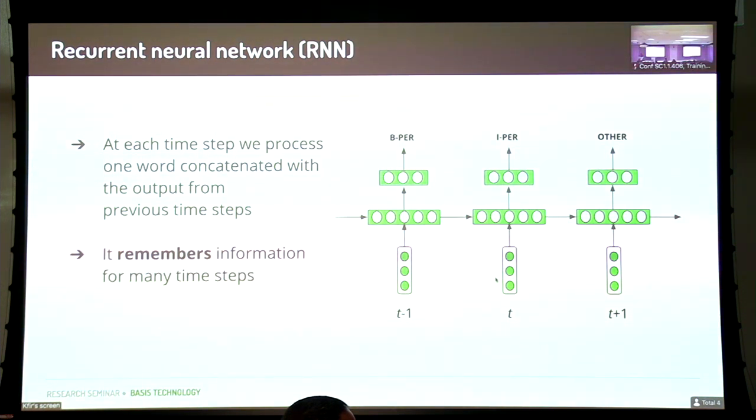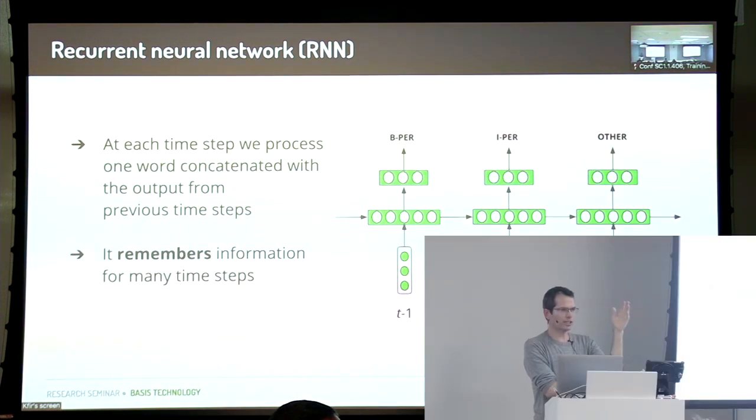Then every word in its turn benefits from all that information for doing the prediction. But it also modifies this vector. This word now modifies this vector using this transformation. Now the output vector here gets modified by this input vector. That's pretty cool, right? We have information flowing from the beginning, and then we modify it and we use it to predict. So we do two things at every time step.